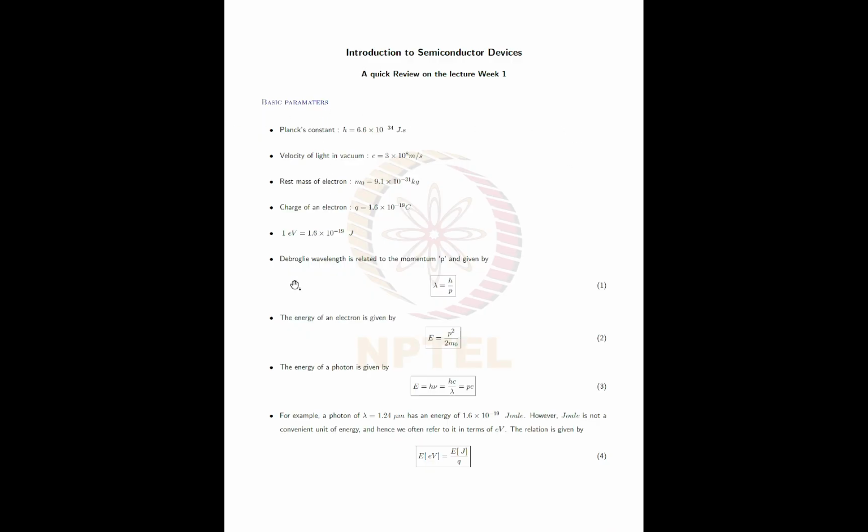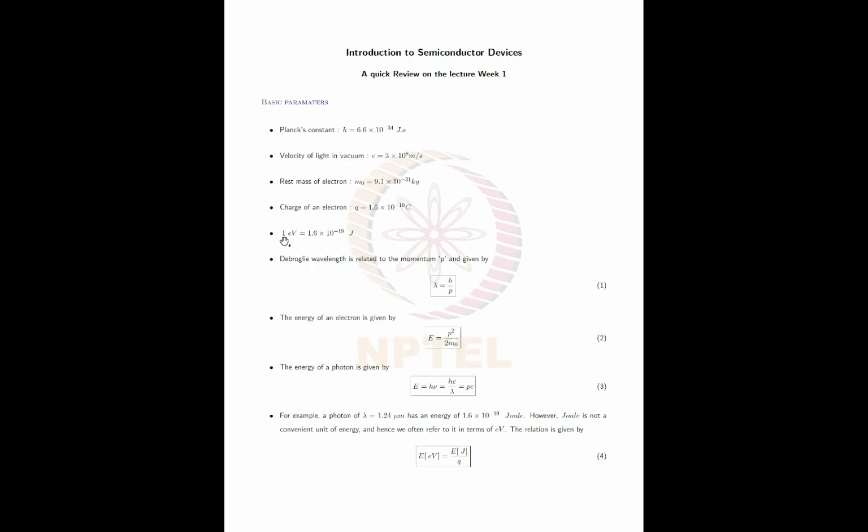These are some basic values that you need to remember for semiconductor purposes, such as Planck constant, h equals 6.6 into 10 raised to minus 34 joule seconds, light velocity c equals 3 into 10 raised to power 8 meters per second, electron rest mass m naught 9.1 into 10 raised to minus 31 kilograms, electron charge q equals 1.6 into 10 to the power minus 19 coulombs.